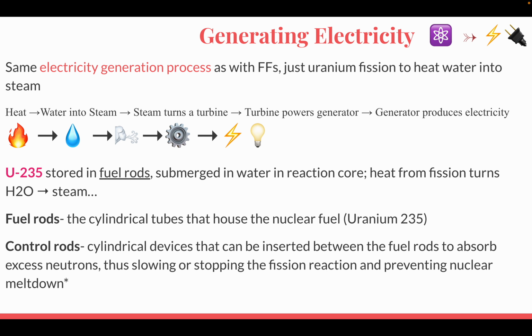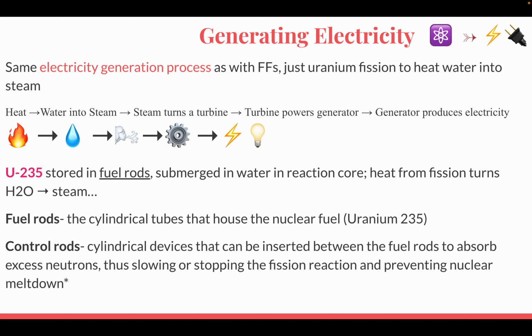Now, this water that's in the reactor core is not the actual water that eventually turns into steam. That's something slightly different. We'll look at that in our little diagram here in just a minute. But the fuel rods are where the fuel is, obviously. And then we have the control rods. Like I said earlier, with nuclear fission, we have figured out a way where we can stop that chain reaction if we want to.